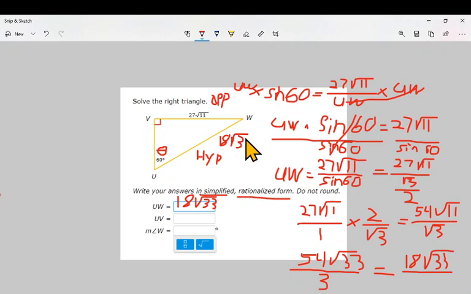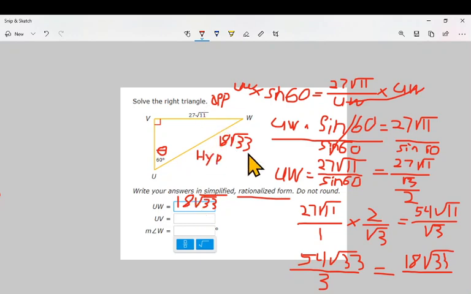Okay. So good news and bad news. Good news is we have our side length for UW, and we'll get to the missing angle of W later, but that one's really easy as well. Bad news is we basically have to do this one more time to find UV. Now sometimes you might be able to use the Pythagorean theorem.